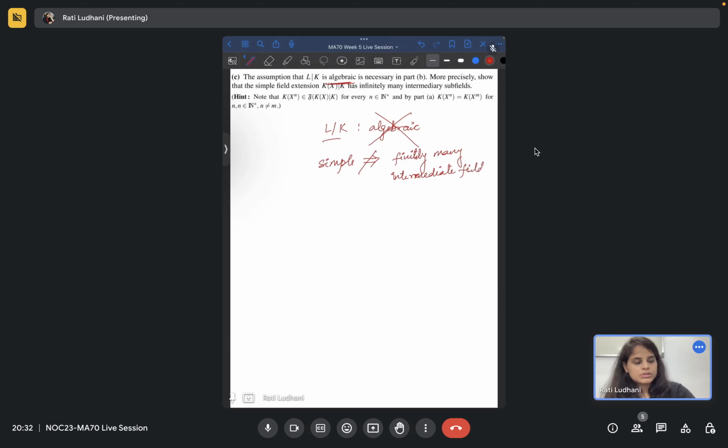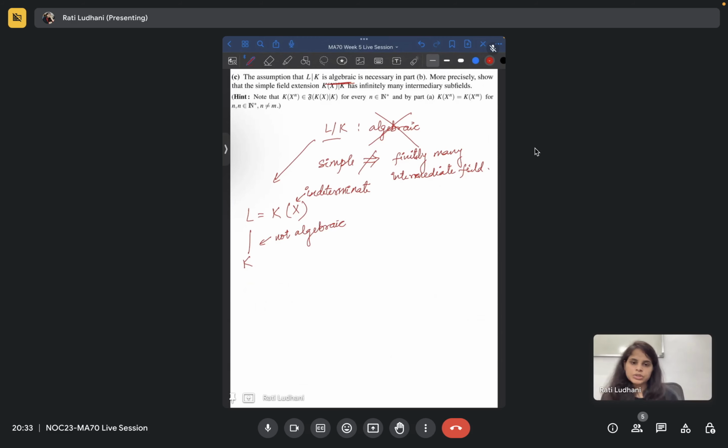This need not be true. To give an example, you just take L to be K(x), where x is an indeterminate, a variable. A variable can never be algebraic, so this extension is never algebraic.